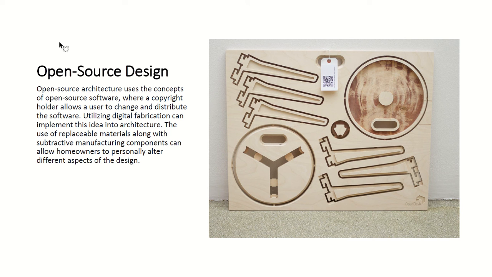Digital fabrication and subtractive manufacturing specifically, and the components that come along with that used from laser cutting, as you can see here on the right, open up a new doorway where homeowners can, after the fact or during, have a larger say and replace materials or different components of a design as they see fit for their home or for a structure.